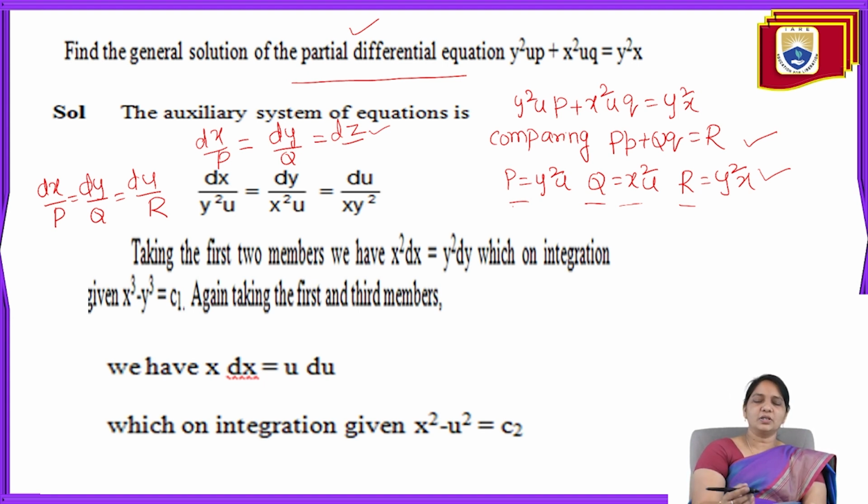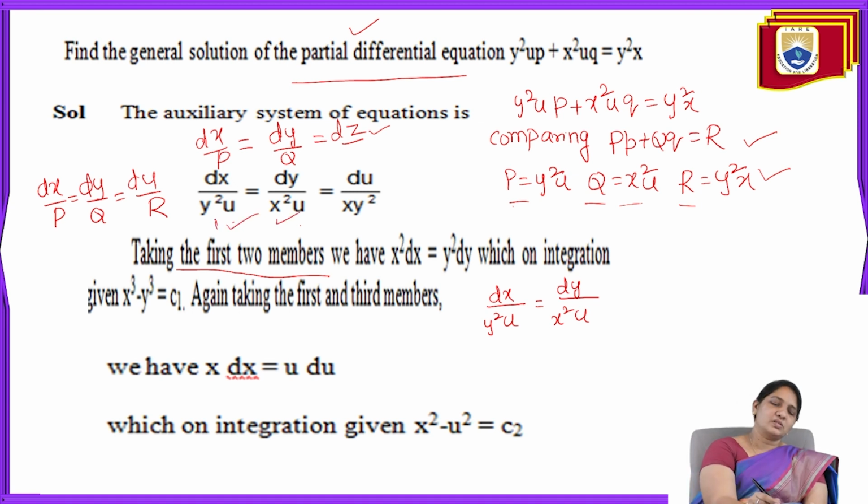So we can observe here dx by y square u, dy by x square u. First I am taking the first two members, that means I am using the grouping method. So the first two members are dx by y square u equal to dy by x square u.